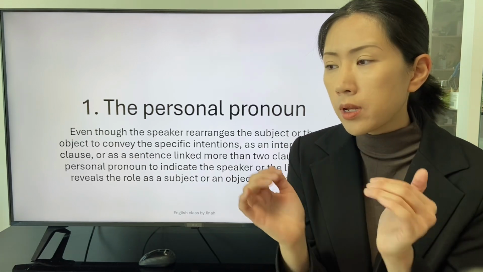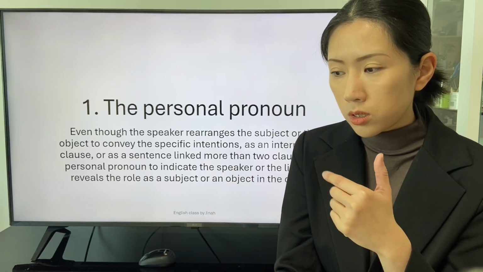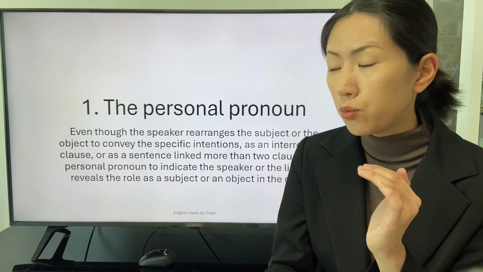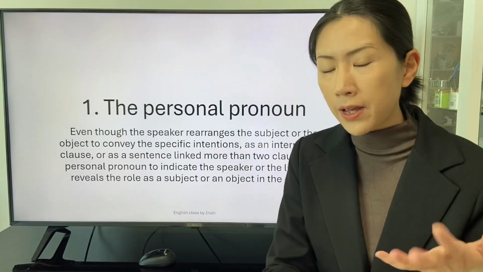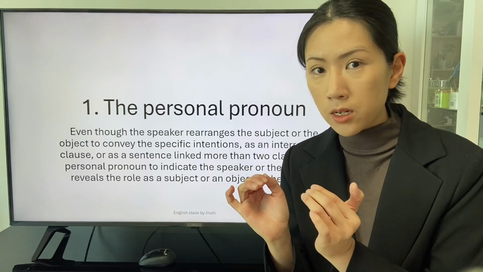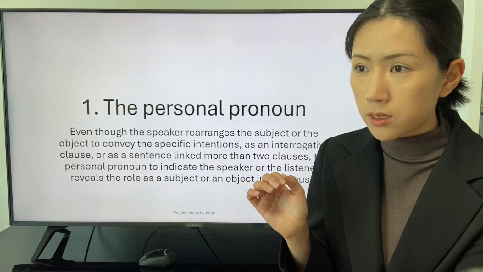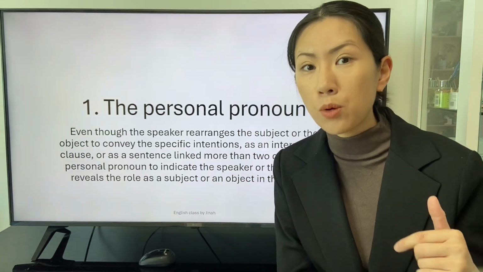The personal pronoun to reveal the role as a subject or an object keeps signifying that the subject has a role as a subject and the object has the role as an object.